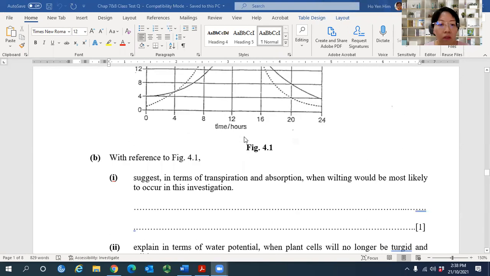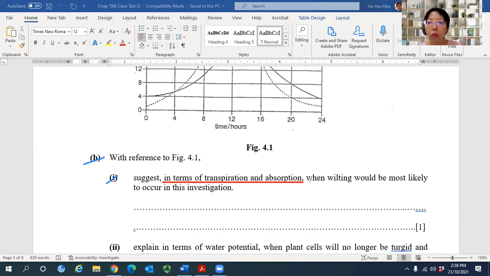Right, so let's look at the question. With reference to figure 4.1, part 1 suggests in terms of transpiration and absorption. Now, pay attention to the question. Your answer must be in terms of transpiration and absorption. It means your answer must write transpiration and absorption.